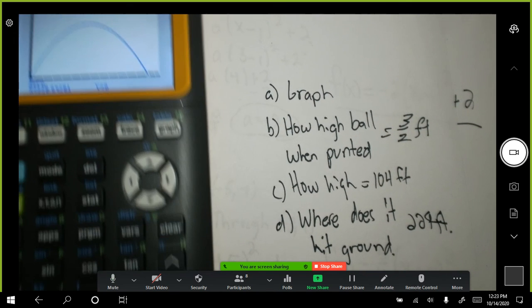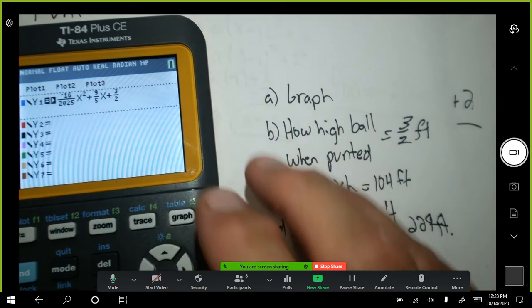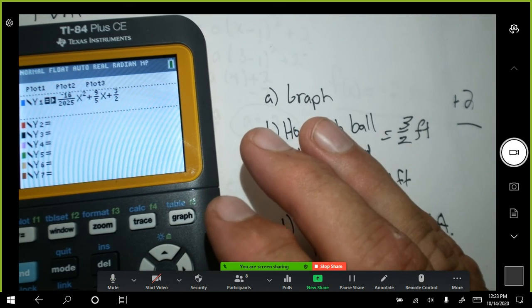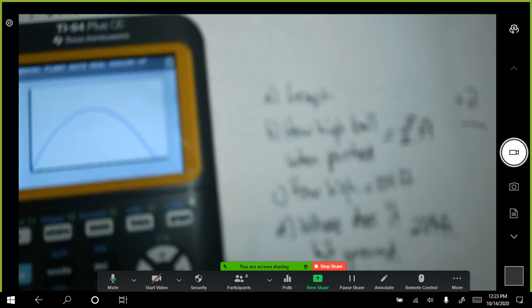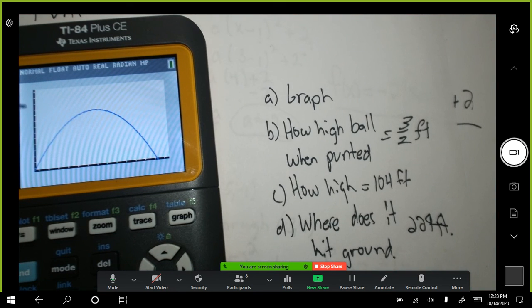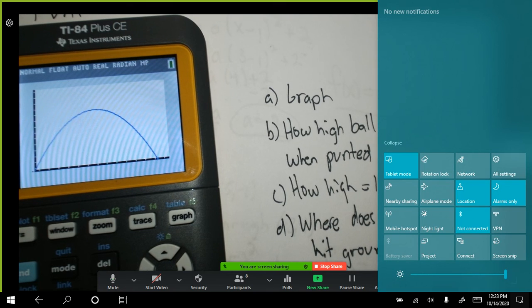So just a refresher on what we did. We put the equation in. We adjusted the graph so that it would fit on there. This is the height of the football. This is the distance of the football from where he kicked it. If you think of the little person standing right here and they kick the ball and it travels there, to find out how high the ball is when he kicked it, we put in 0 for x, because x is the distance from his foot.